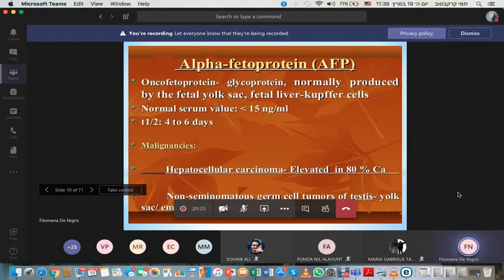Here there is the half-life. The half-life is very important for us, and also for you, because we need to know how long this marker persists, especially when we are treating a patient. If we want to monitor disease, and the patient is already treated with a specific drug, we need to know how long these molecules persist.